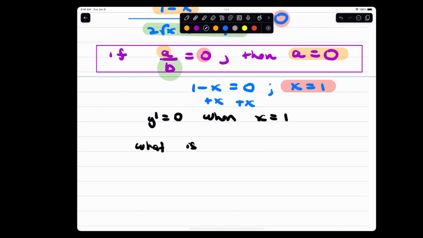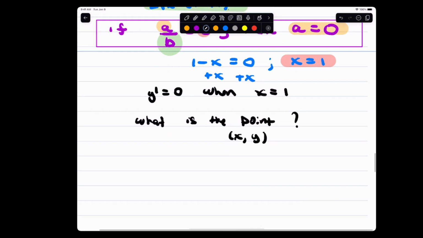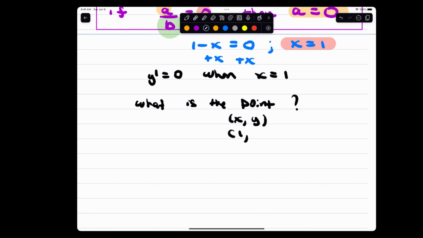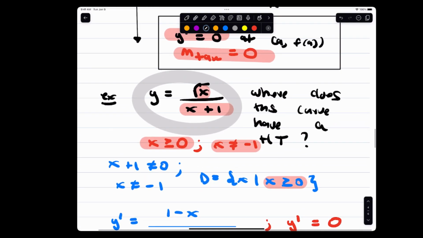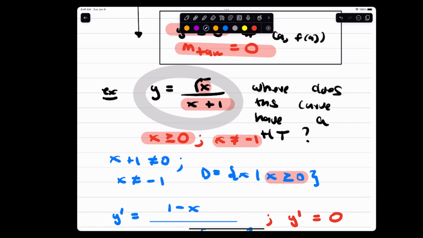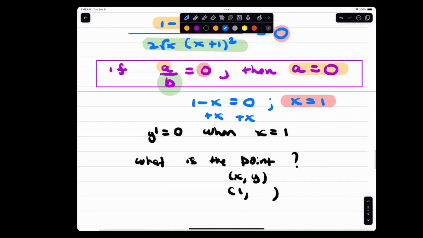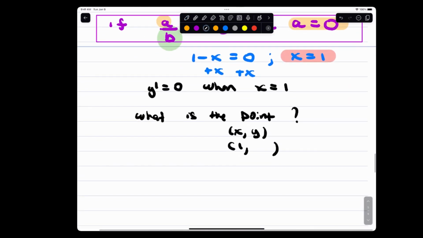What is the point? A point is 2 coordinates. It's an x coordinate and a y coordinate. You just found the x coordinate. Okay, you guys with me on that? What's the y coordinate? How do you get the y coordinate? Go back here and plug in x being 1, and what do you get for y then? The square root of 1 over 1 plus 1, what's that going to be?